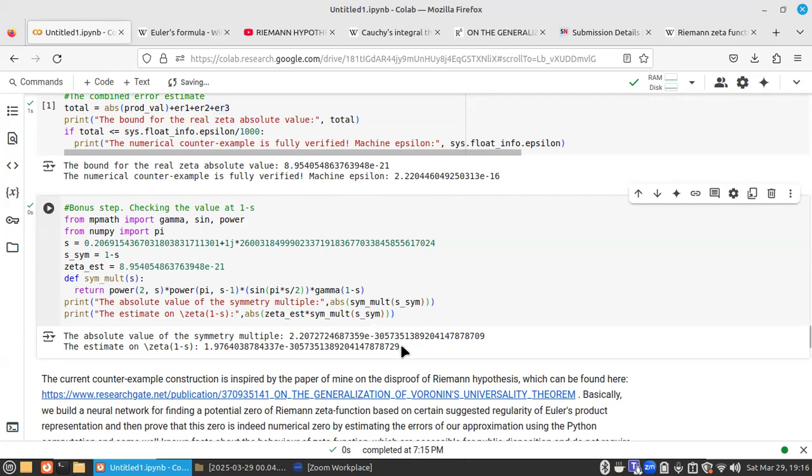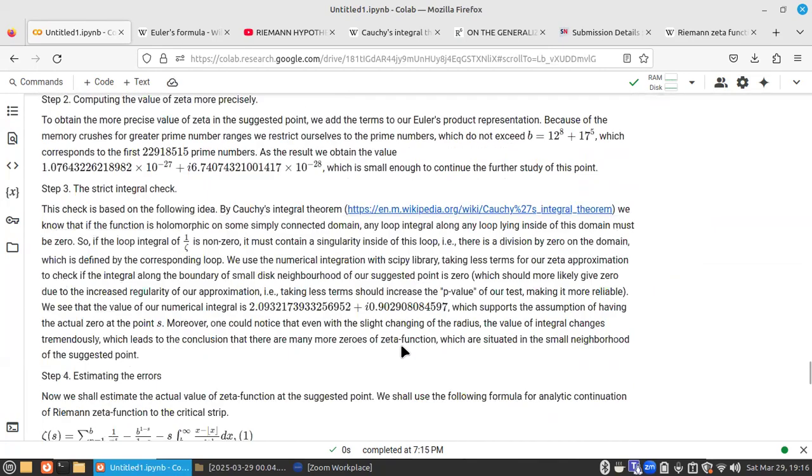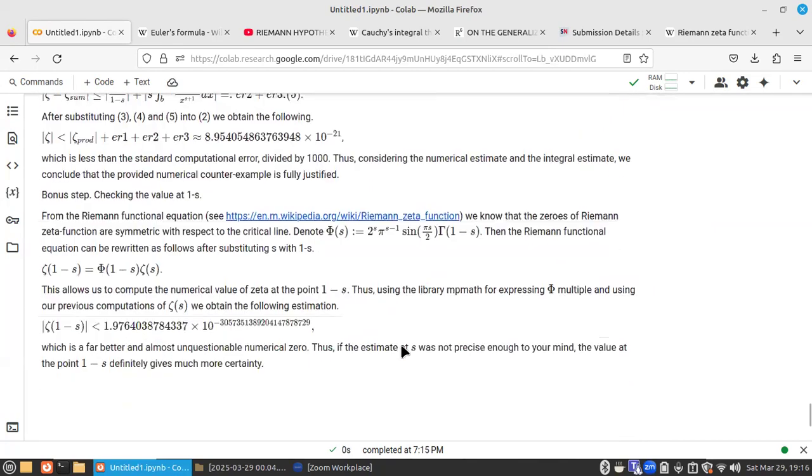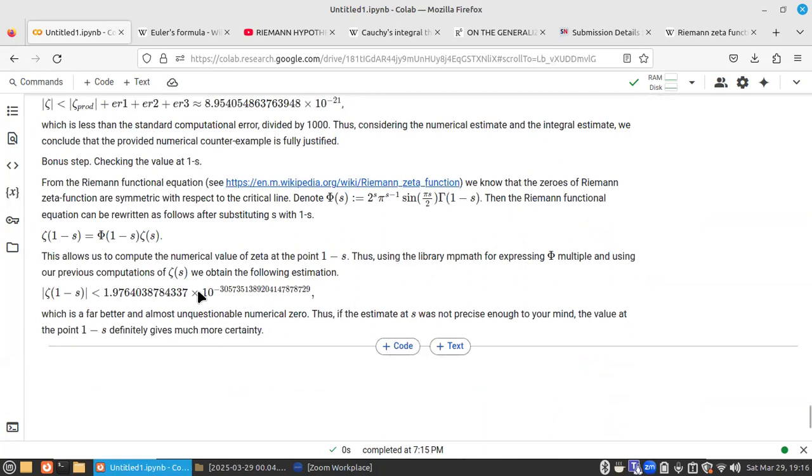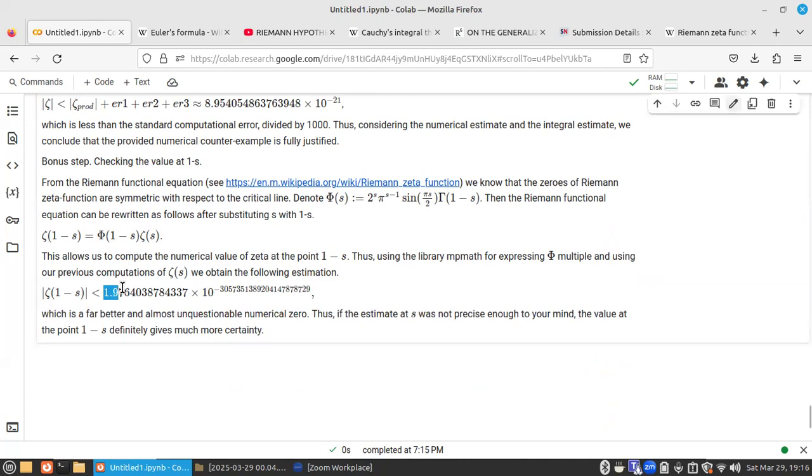And if we compare this number to something, just imagine that this number is less than 1 over the number of atoms in the universe raised to the 10th power. So it is a very small value.